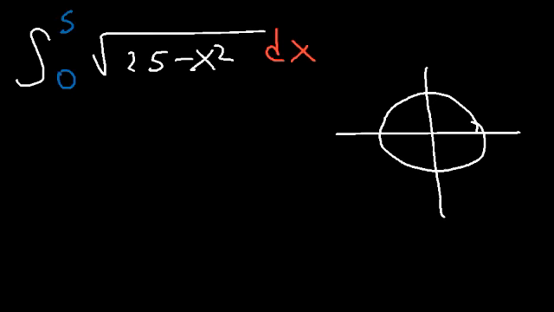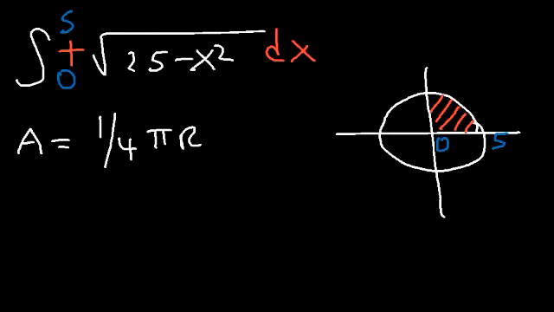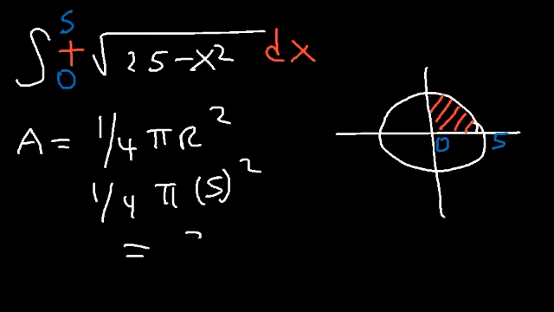That's from 0 to 5. And because there's a positive sign, we want to find the area of this quarter circle. So the area of that quarter of the circle is 1/4 pi r squared. r squared is 25, so the final answer is 25 pi over 4.